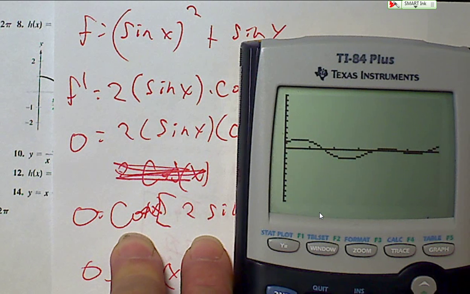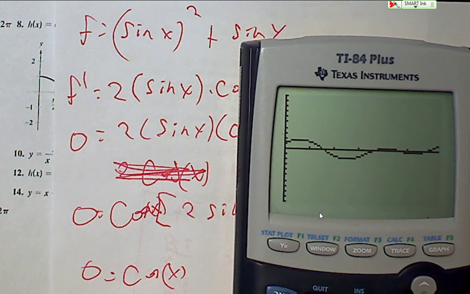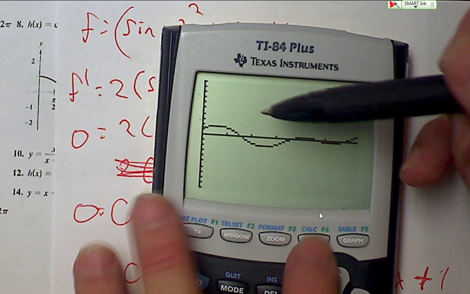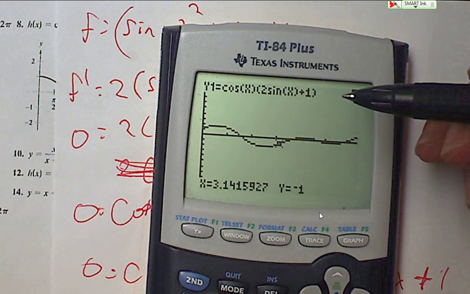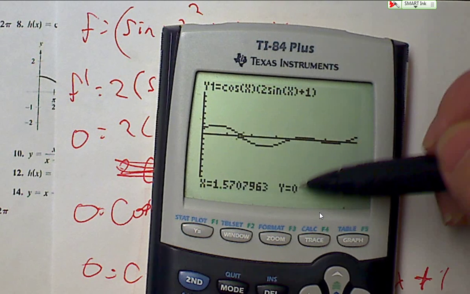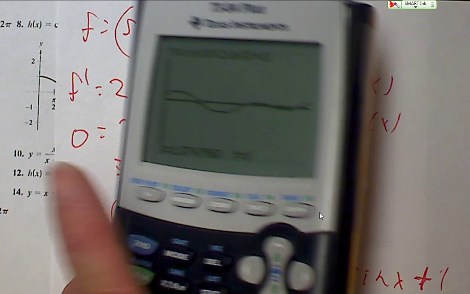Okay. And so we can see that left of pi over 2, that's going to be pi over 2. Left of pi over 2, sorry, I want to type in 0, my bad.